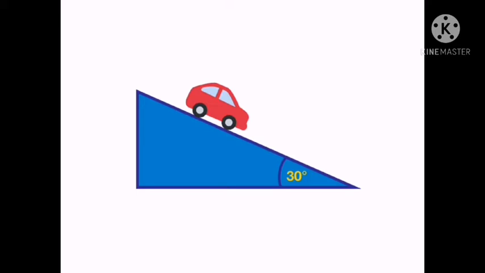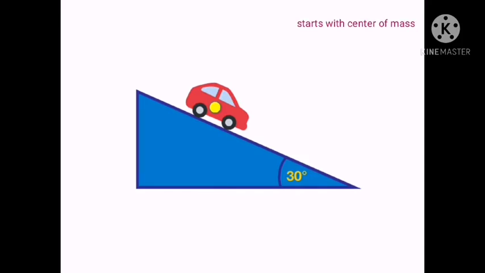Now let's look at the free body diagram. When you want to draw a free body diagram, always start with the center of mass, which is the yellow dot there. That is my center of mass.